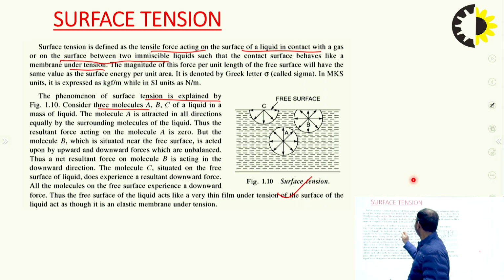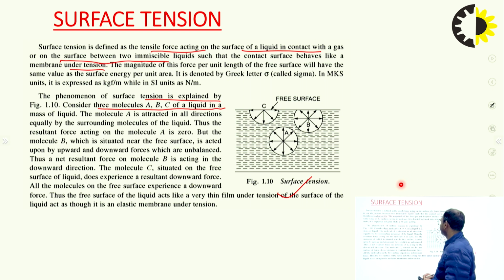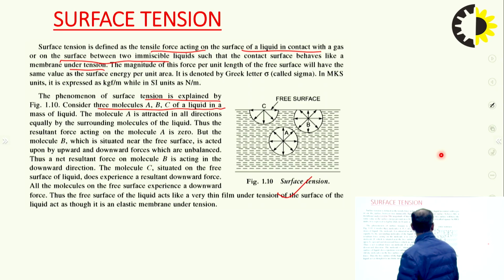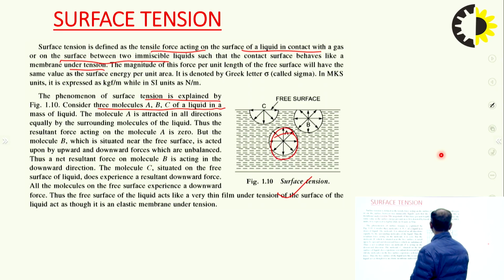Here, there are three molecules A, B, C of a liquid in a mass of liquid. The molecule A is attracted in all directions equally by the surrounding molecules of the liquid. Thus, the resultant force acting on molecule A is 0. But the molecule B, which is situated near the free surface, is acted upon by upward and downward forces, which are unbalanced.